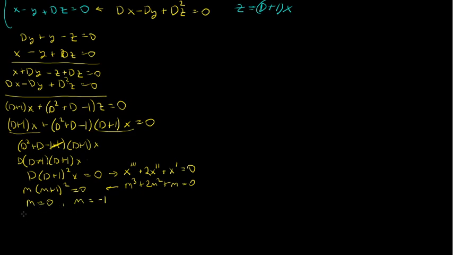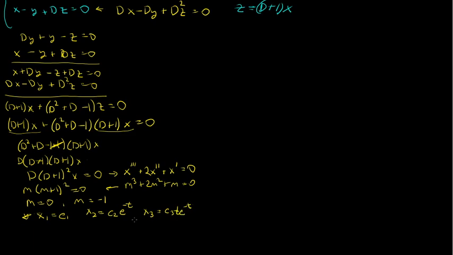So m equals 0 just gives us, oops, not y. We're solving for x here. Okay, so x1 is equal to c1 e to the 0, which is just c1. And x2 is going to be c2 e to the negative t. And then x3 is going to be c3 t e to the negative t.